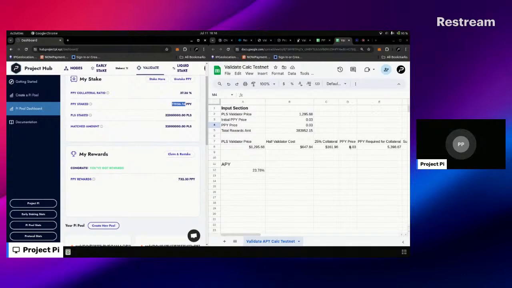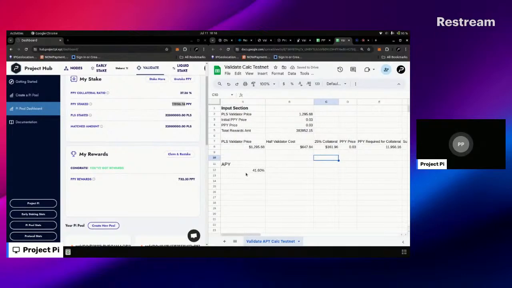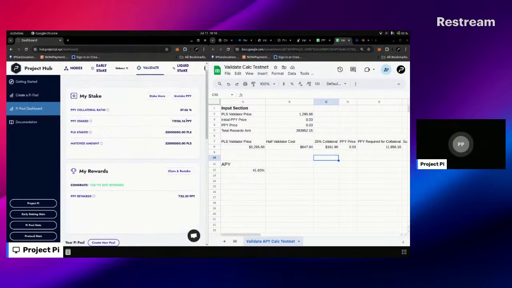And so if I was to take this value here, which is the PPY required for collateral, I can replace this value and paste it. And I would see that the APY would jump to 41.60%. This is assuming that the person is going to put up about 37.36% collateral in PPY. And the max on our protocol is going to be 150%.